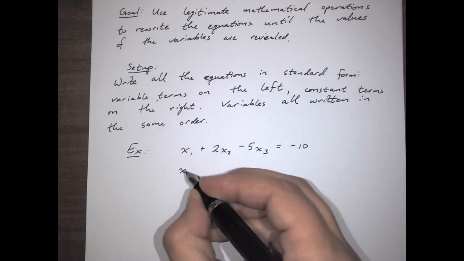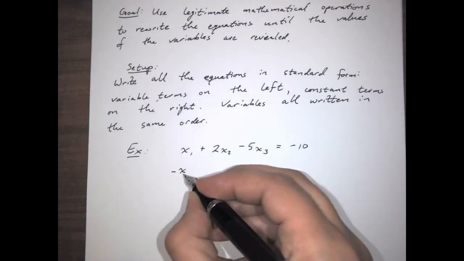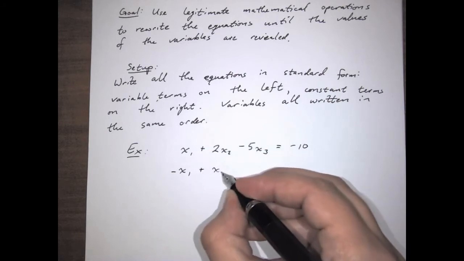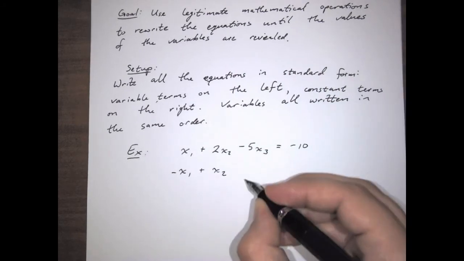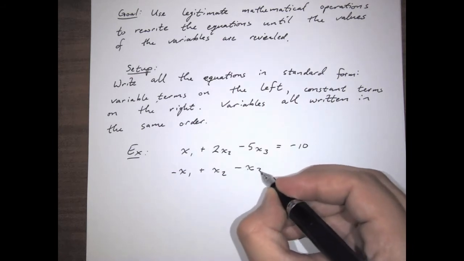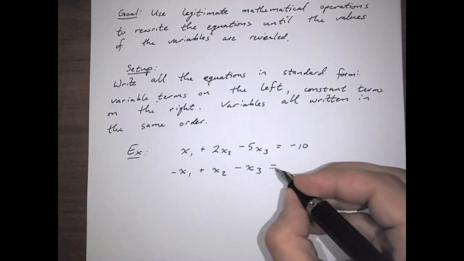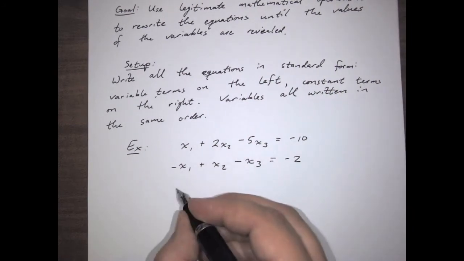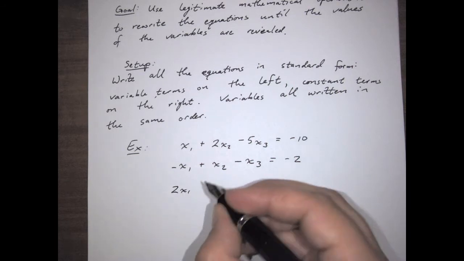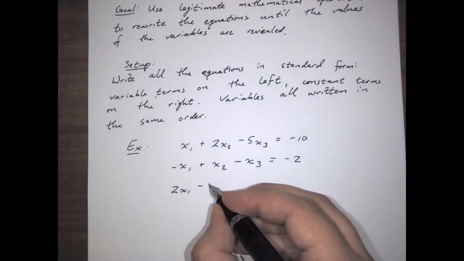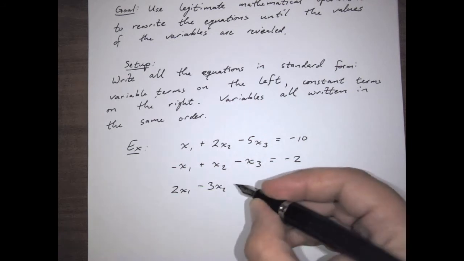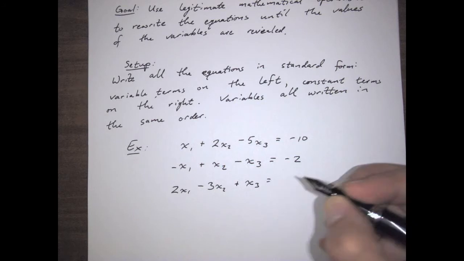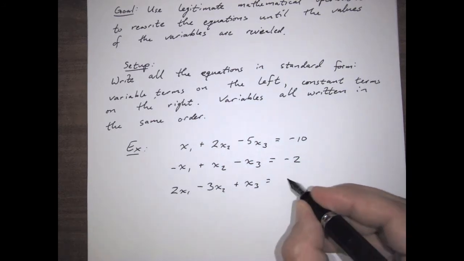And then maybe we have negative x1 plus x2 minus x3 is equal to negative 2. And then as our third equation, let's say what we have is 2x1 minus 3x2 plus x3 is equal to negative 1.